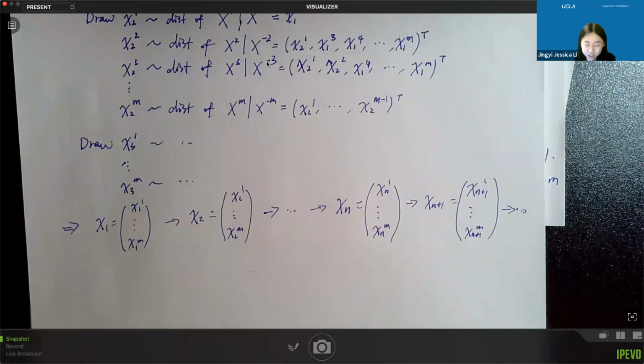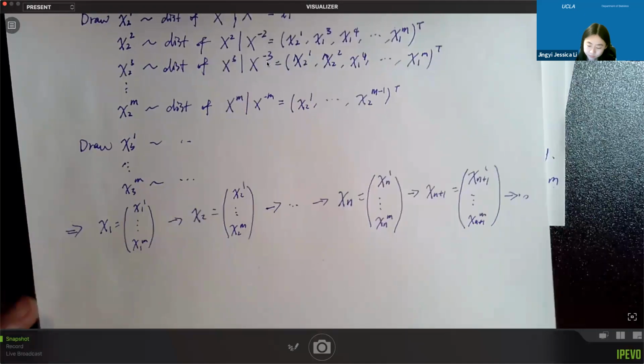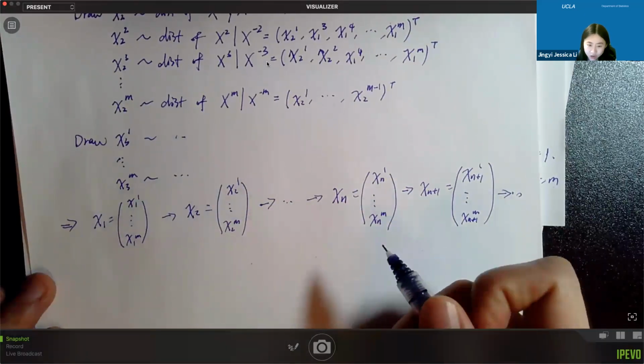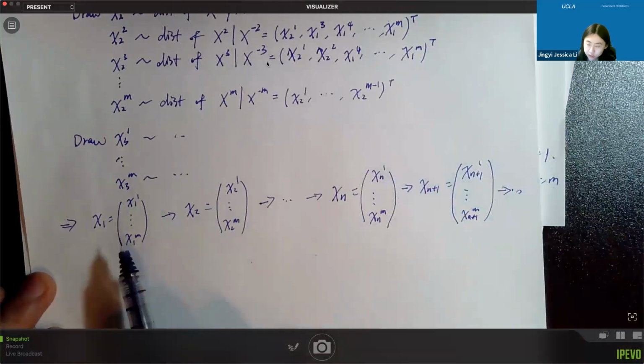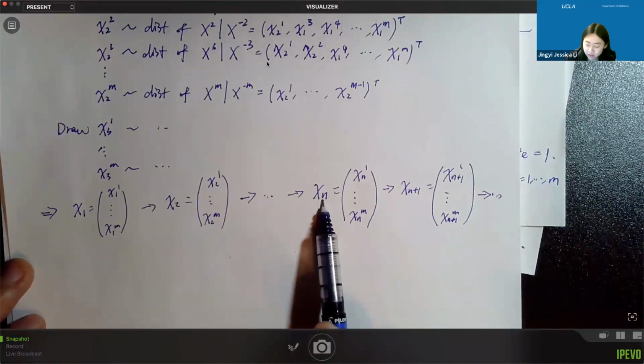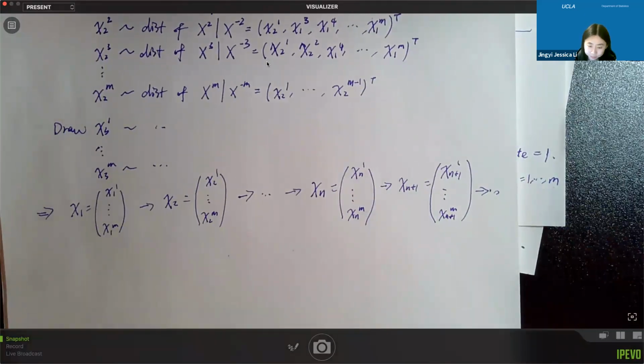And we are going to show that for each of those m transitions, we are satisfying the detailed balance equation. So let's take a look. To check that, we need to look at what's happening in this one step. Okay, so I'm going to go from the step xn to xn plus 1, to give you this idea.